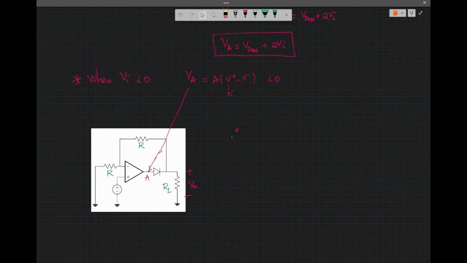So diode is off. So when the diode is off, there's no current flowing there. So the loop is open. So when the loop is open, there is no current flowing through the load.